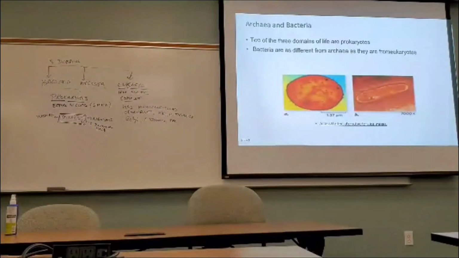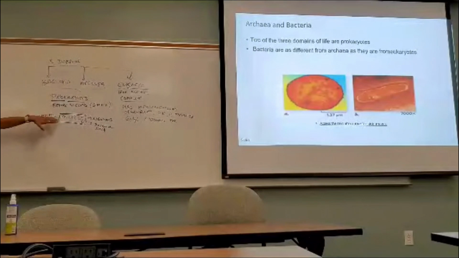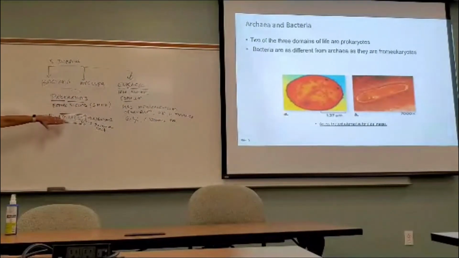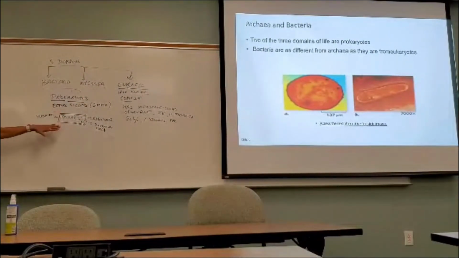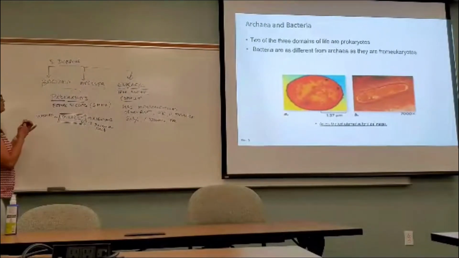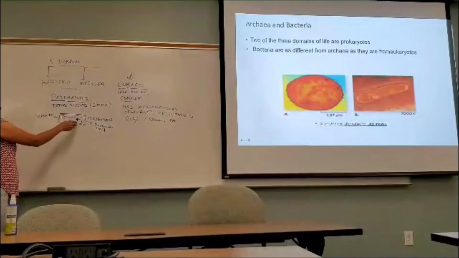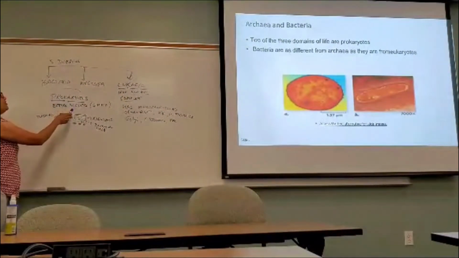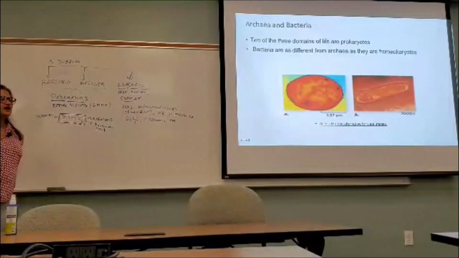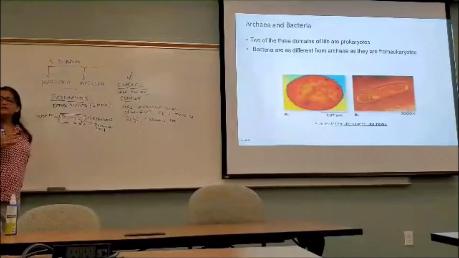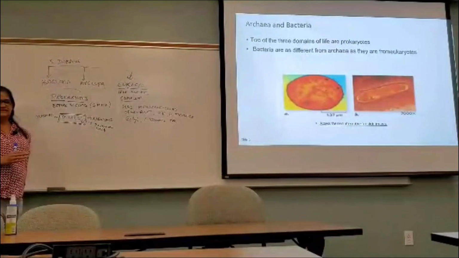Now, archaea and bacteria, out of the three domains of life, just these two belong to the prokaryotes. And what is a prokaryote? As I have explained on this board, this is a simple prokaryotic cell. Prokaryotes means they were born before the nucleus was discovered.